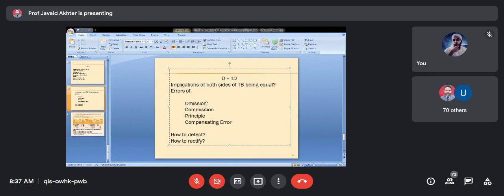In accounting language, whatever has been debited now will be credited, and whatever was credited now will be debited. It will cancel the over debit and over credit. This is how error of repetition can be addressed.